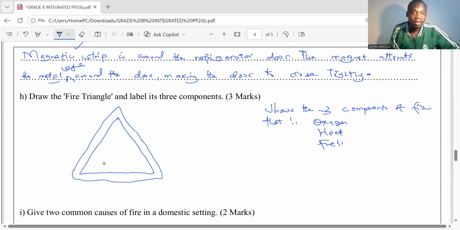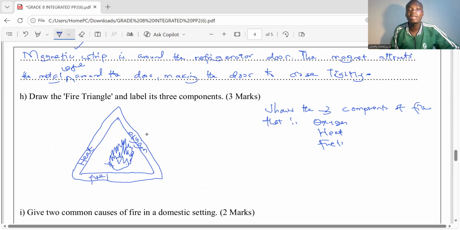So there is a flame. It's going to be formed. So that is the flame. So in this case, we're going to have heat, we're going to have oxygen, and we're going to have fuel.